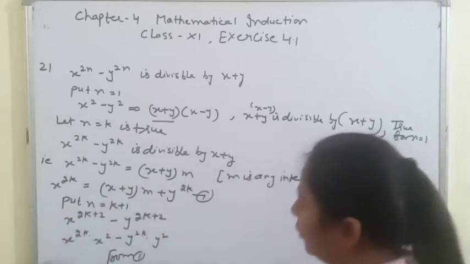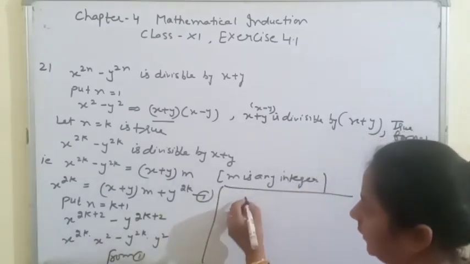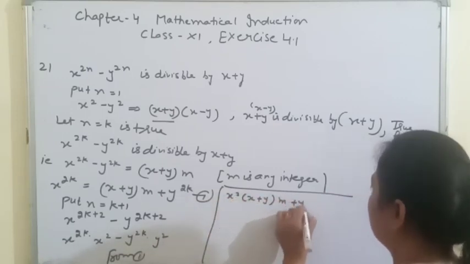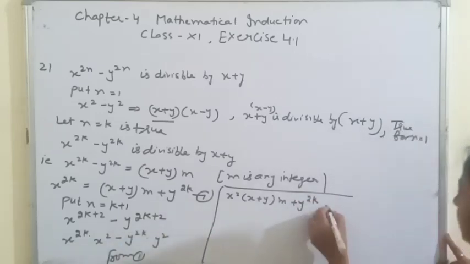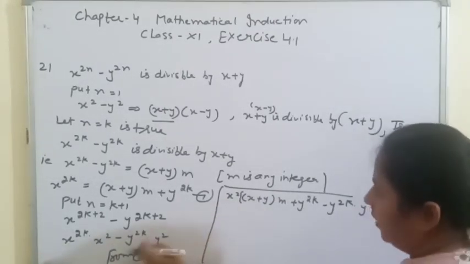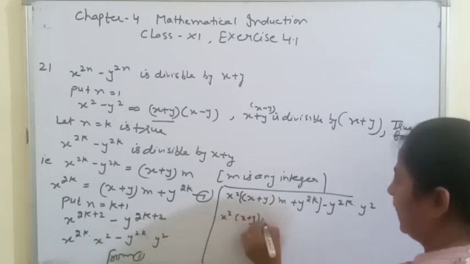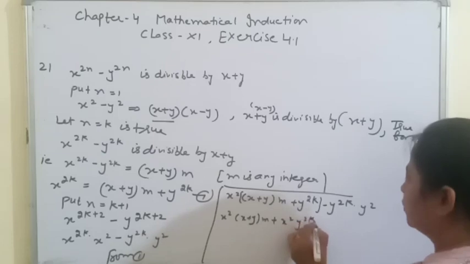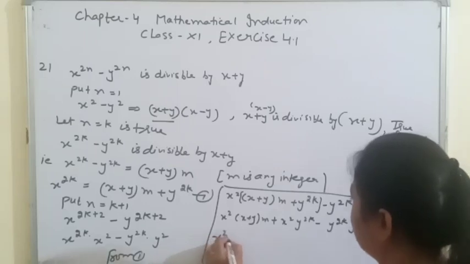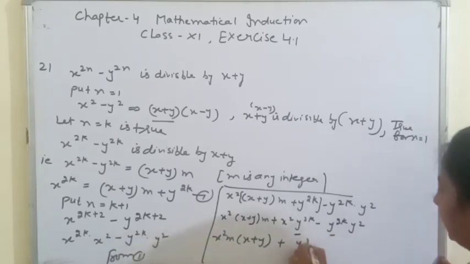From 1, we can substitute this value in place of x^(2k): x^2 times ((x plus y)m plus y^(2k)) minus y^(2k) into y^2. So x^2 (x plus y)m plus x^2 y^(2k) minus y^(2k) y^2. x^2 m into (x plus y), plus y^(2k) we can take common.